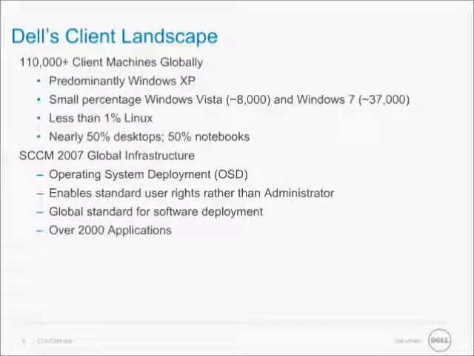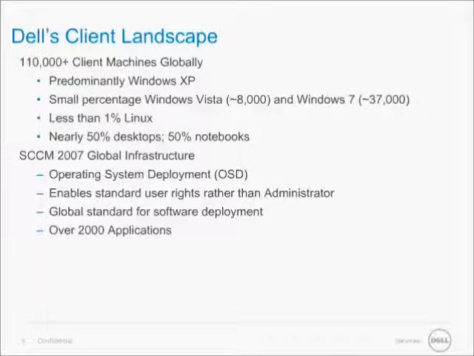A little bit on our management platform. We use Microsoft's System Center Configuration Manager 2007 as our global infrastructure for managing all of those clients. We use the operating system deployment function within Configuration Manager to deploy out Windows 7.